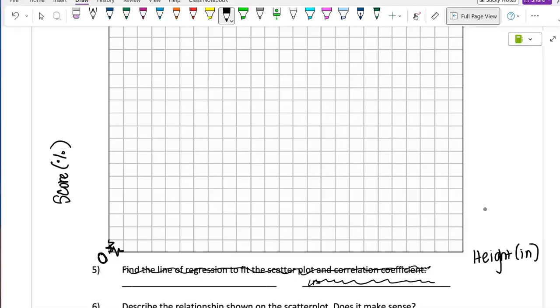So if my lowest one is 40, and I only need to go up to, I think my biggest height is 60, I can actually count by 1, so I can label 40, and then just so the numbers aren't too close, I'm just going to write every other one. Again, just giving it room to space out.